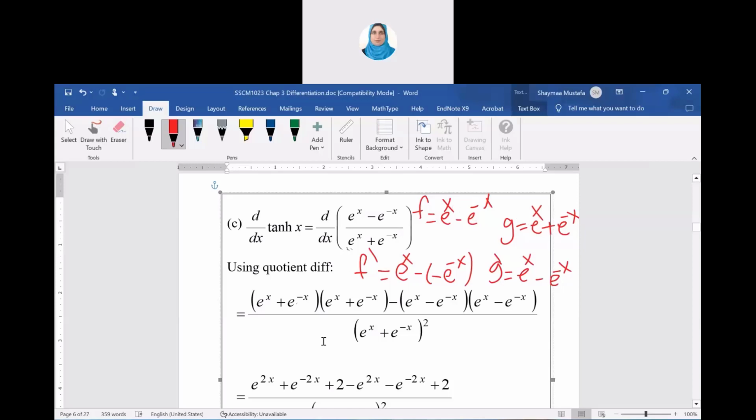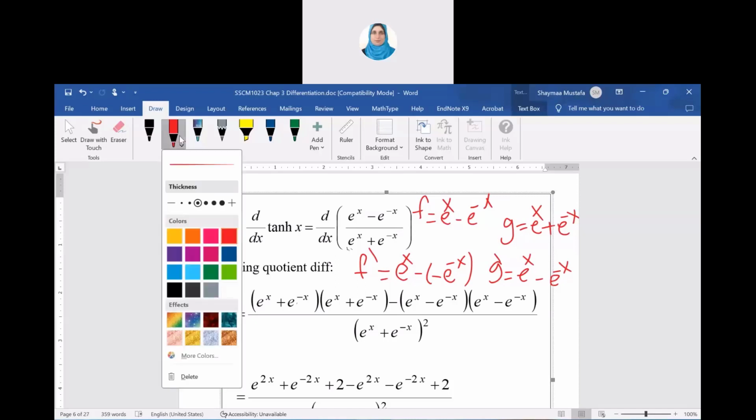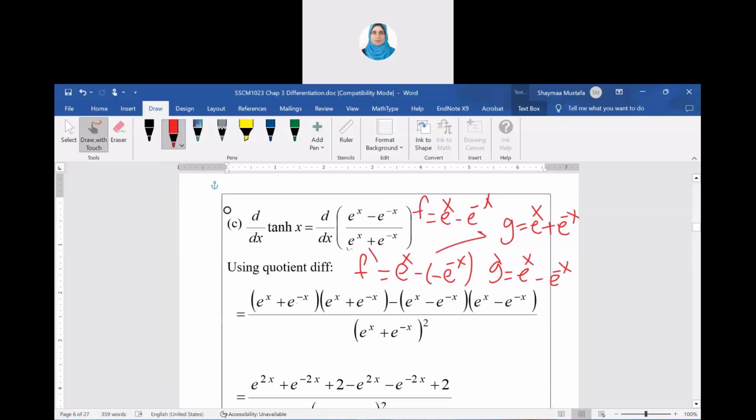Now you can apply the quotient rule, after I found the derivative for f and the derivative for g. In the quotient rule, you have to divide by g squared. Now here I need to multiply: the derivative for f times g, minus the derivative of g times f.